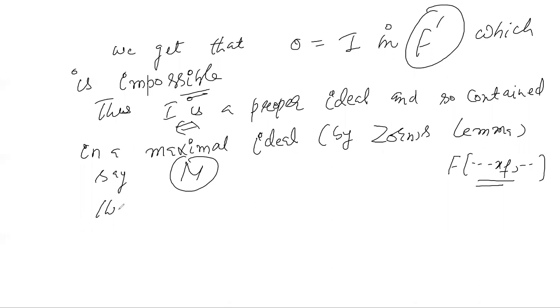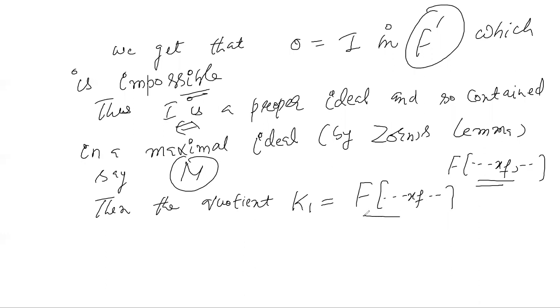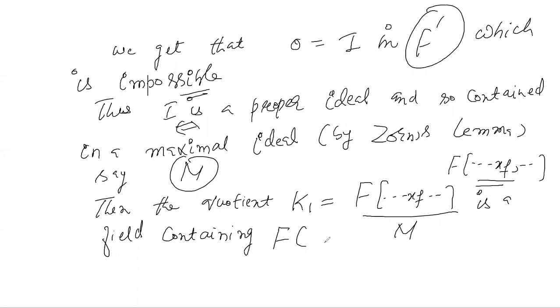So the quotient ring, K1 say, which is F[x_f, ...] modulo M, is a field, and it contains F, in fact an isomorphic copy of F. This is by the fundamental theorem of fields.